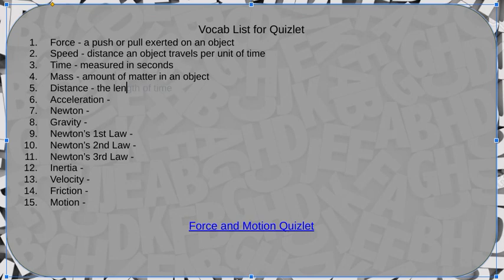Distance is the length an object travels. That's going to be different than what we talk about with displacement. The length an object travels would be like you driving from your house to the gas station. That is a distance.